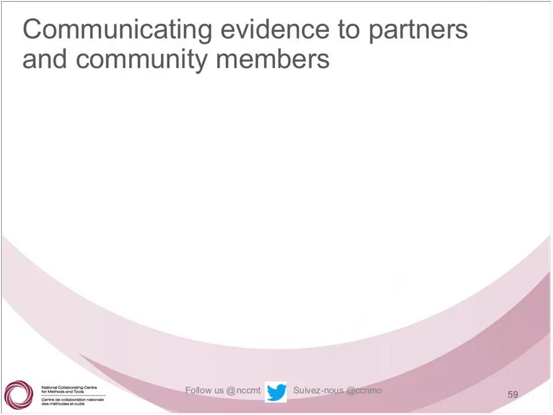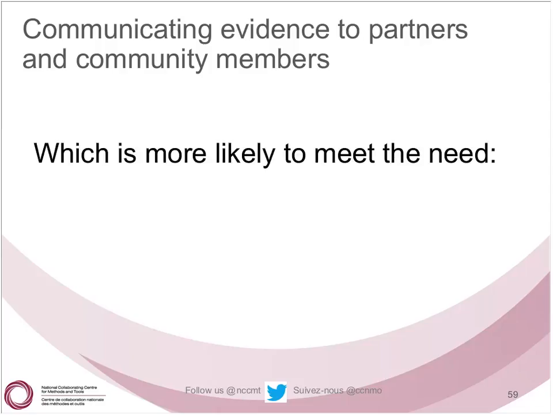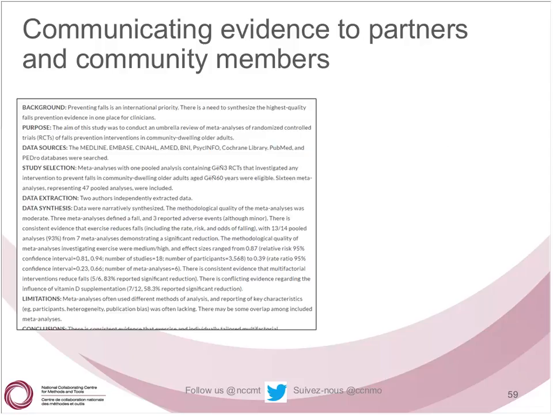Sometimes we have more access to data and evidence than other community groups and so on. So if you're in a role of communicating evidence to partners and community members, you want to be thinking about how can I really communicate what the evidence says so that it will be helpful for the group to make a good decision. So you might think about which of these is more likely to meet the need.